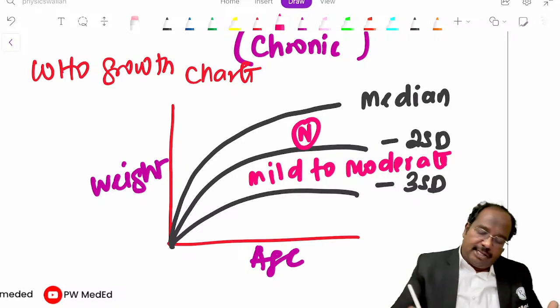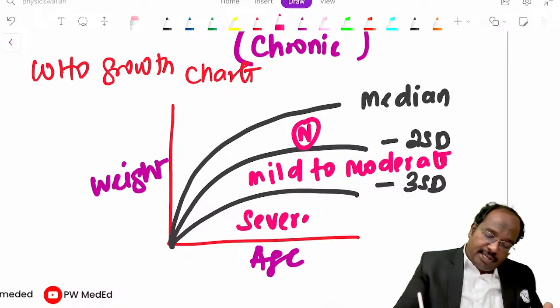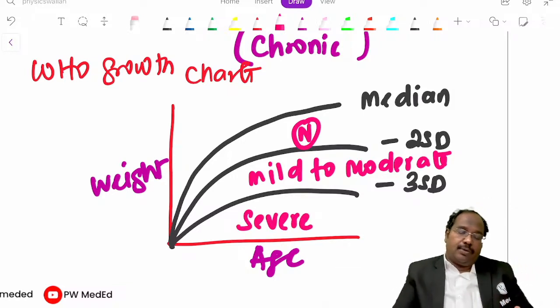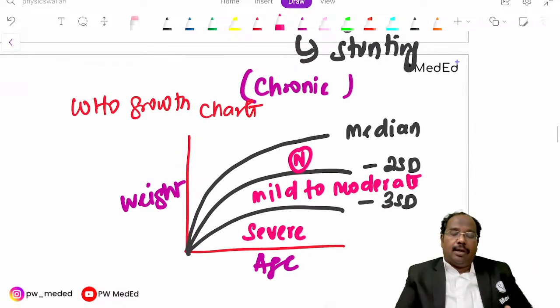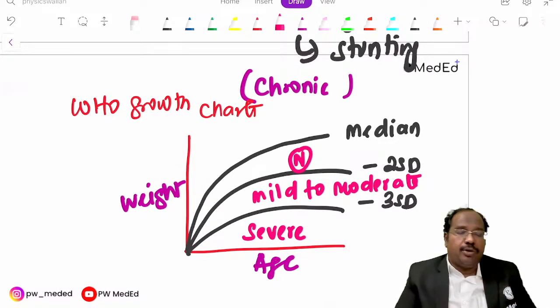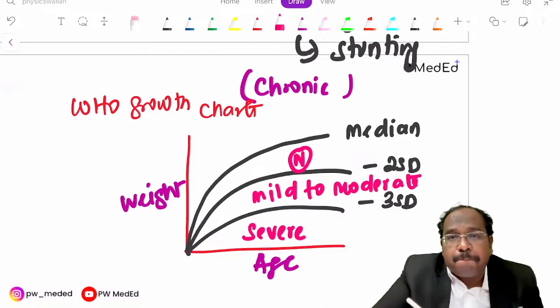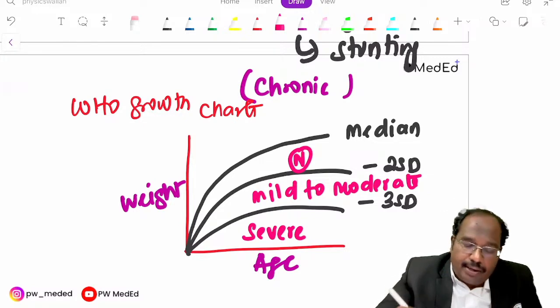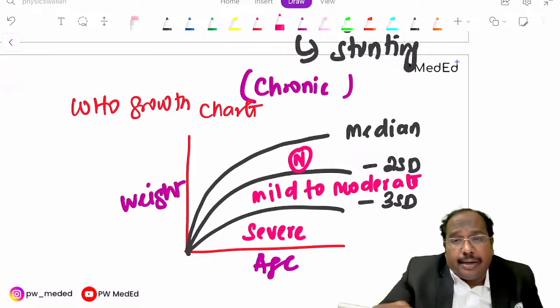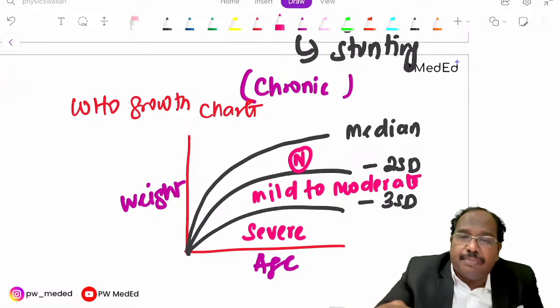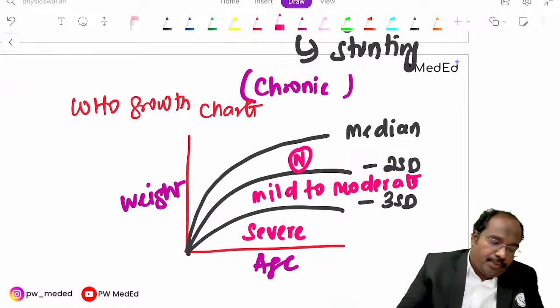Anything less than minus 3 standard deviation is severe undernutrition. These are the WHO growth charts we use in the programs. Growth monitoring usually happens in Anganwadi, guys. Okay, fine.